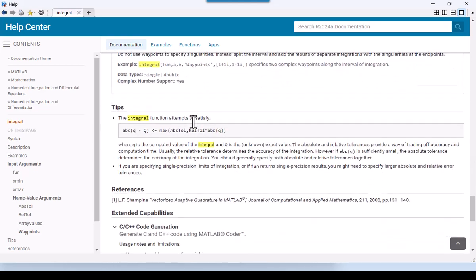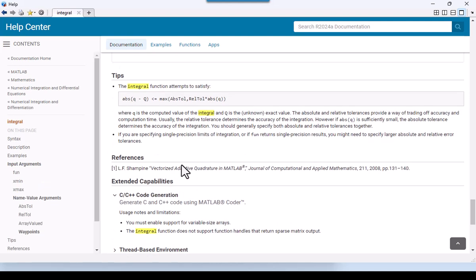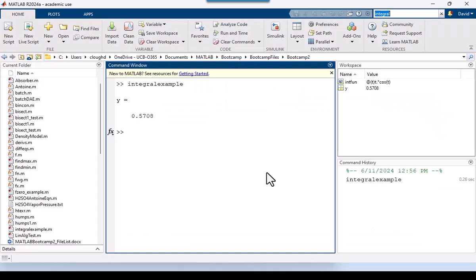A lot of information here. It gives you a reference as to what method is used and where you can find that in the literature. So that is a very simple example of doing a quadrature or integration of an analytical function.